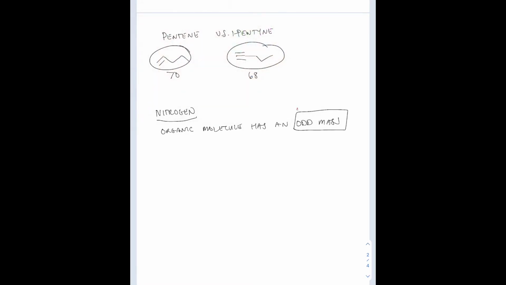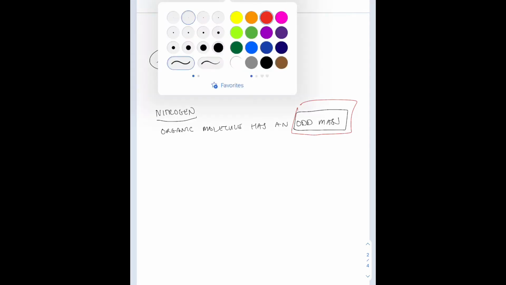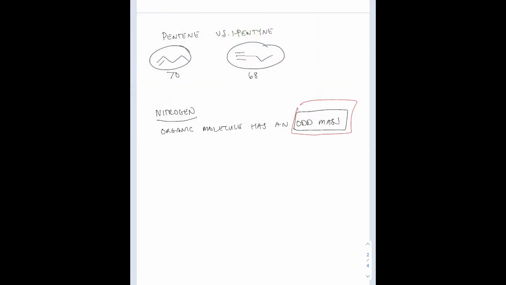That's definitely a nitrogen then. And why would that be? Well, if you think about it, carbon has a mass of 12, and oxygen has a mass of 16, so those are both even, and they both have an even number of bonds. So carbon with 4, oxygen with 2, and then we can keep going.